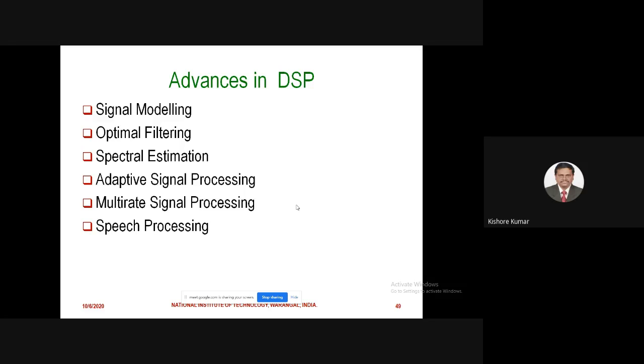Then there is signal decomposition. In the case of signal decomposition, we will try to detect the singular value decomposition approach, SVD.